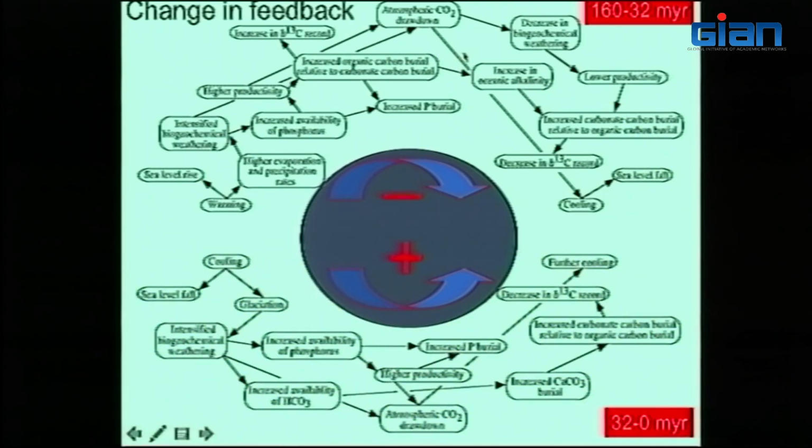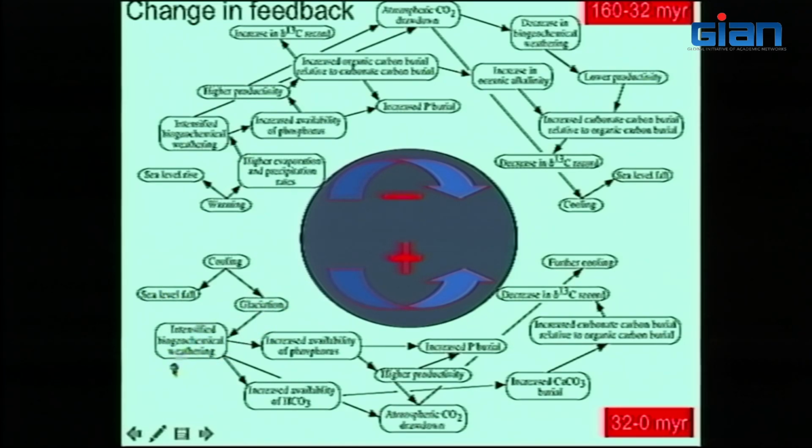Now what is the situation from 32 million years to the present? It's a little bit different here, because you have a cooling, a sea level fall, and a glaciation.